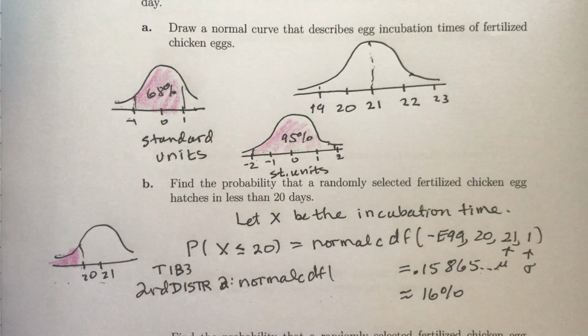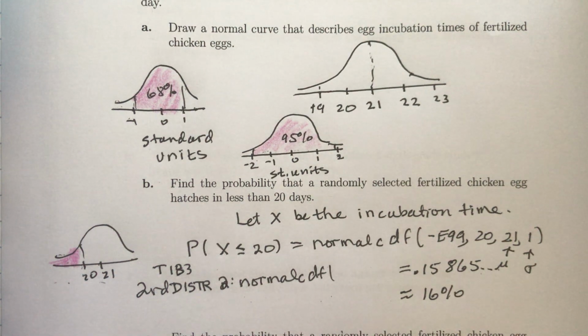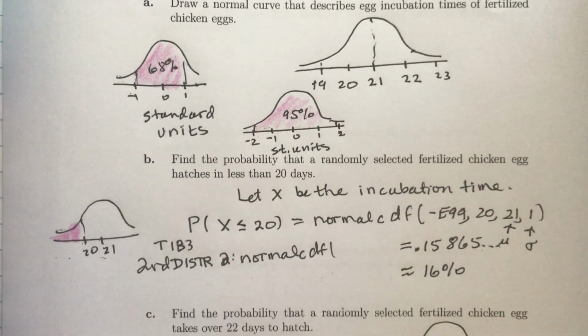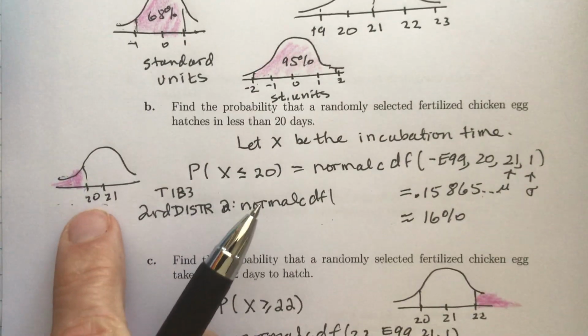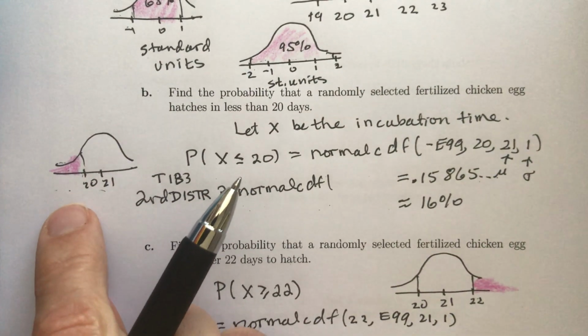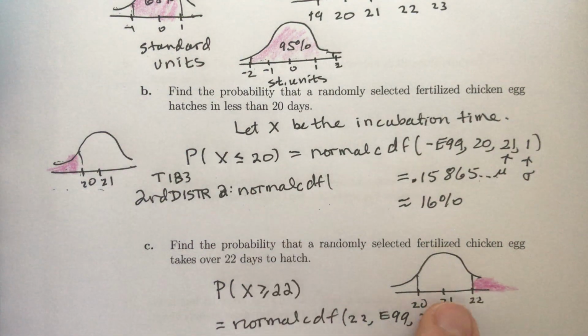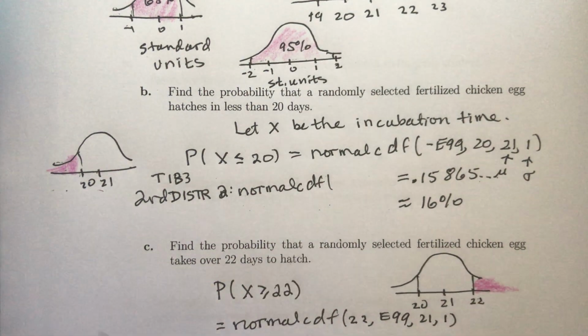I'll just write this down, someone asked, but it's going to be the same thing. I'm going to go 22, minus 21, 1. It'll be the same percentage, the same probability because of symmetry. So this is 1 standard deviation above. You can just figure this out.